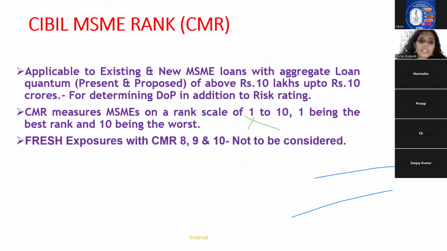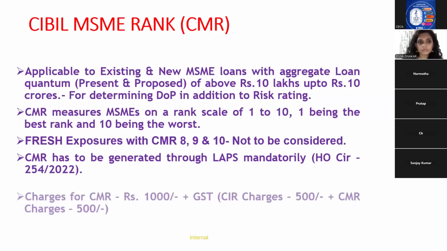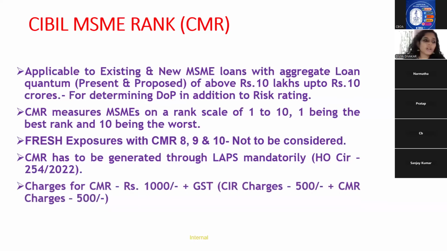Basically, for exam point of view, you can remember that CMR is a rank scale from 1 to 10, 1 being the best, 10 being the worst. So CMR we have to generate through the labs mandatorily, and the charges will be 1,500 plus 500.